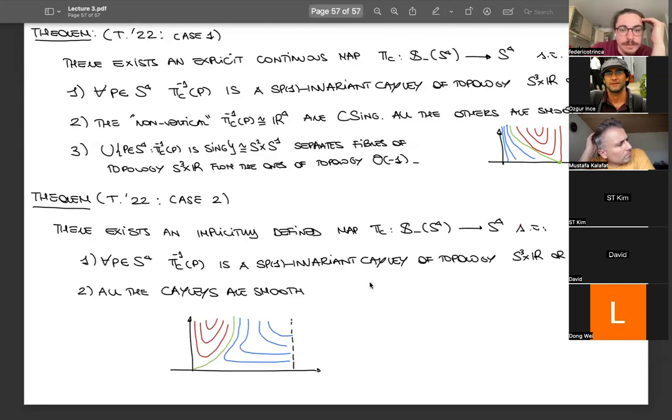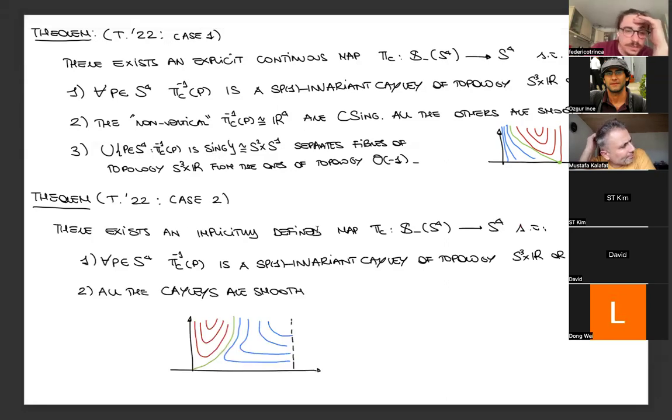Now, in the second result, for the second group action, we still have a projection map from the negative spinor bundle of S4 into S4, but now this is implicitly defined.